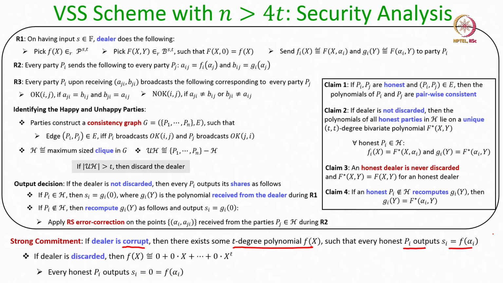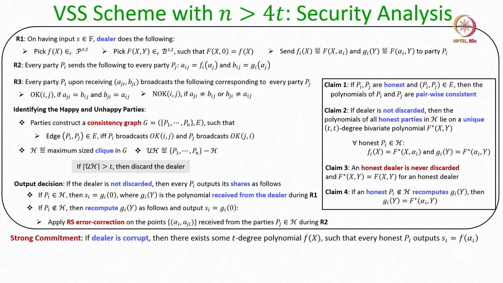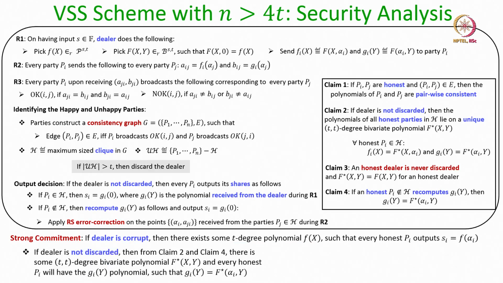And again, there are two possible cases depending upon whether the dealer is discarded because of the sanity check or not. If the dealer is discarded, then strong commitment is guaranteed, because in that case we can take the sum sharing polynomial to be the constant 0 polynomial, which guarantees that the share of every honest party is 0.